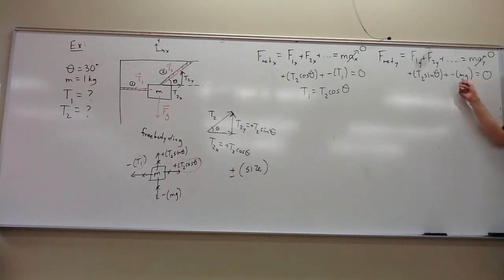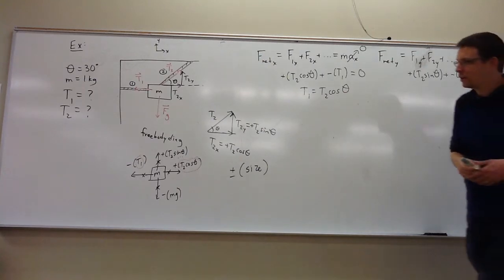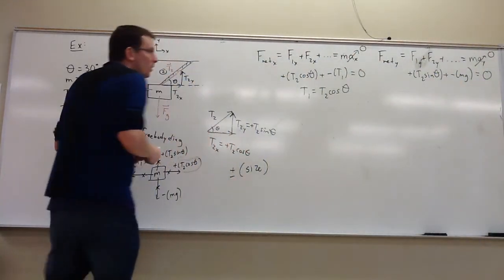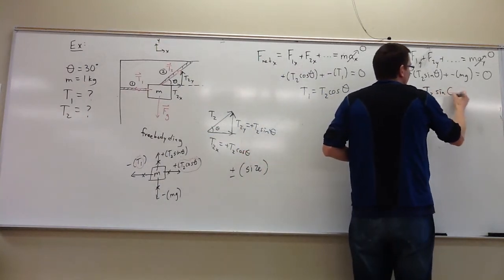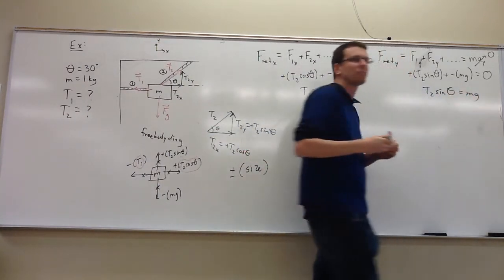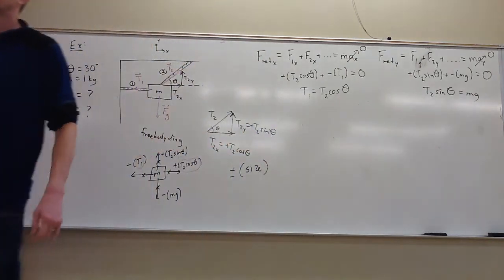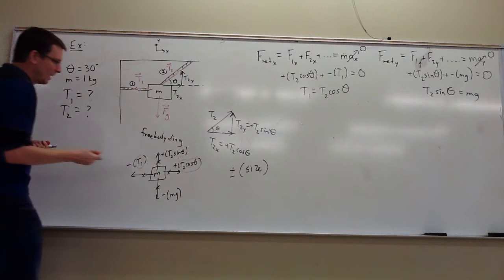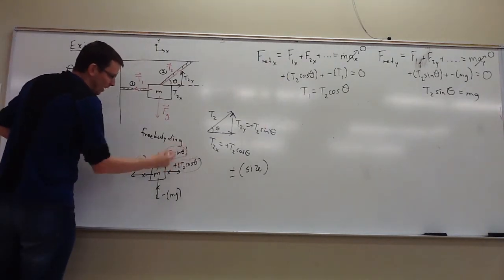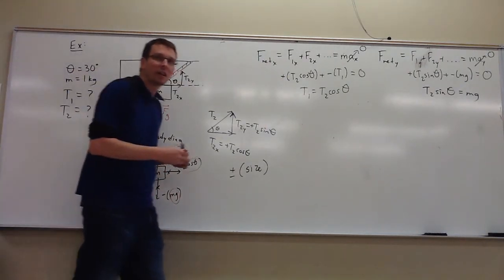That's how much acceleration it would cause when acting alone, but it's not acting alone. It's got this other force, completely canceling it, by the way, which means that there is no acceleration. So again, what we get if we solve here is that T2 sine theta has to equal mg. Again, with a good free body diagram, you could have said that from the beginning. This is going to have to equal this if they're going to cancel.